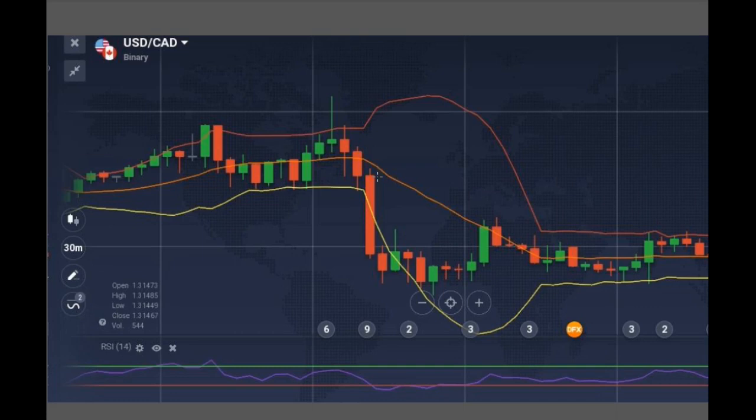If the momentum is to the downside, you can call that a bearish momentum, that is a downtrend. If the bullish momentum is towards the upside, you can say that the buyers are in control.